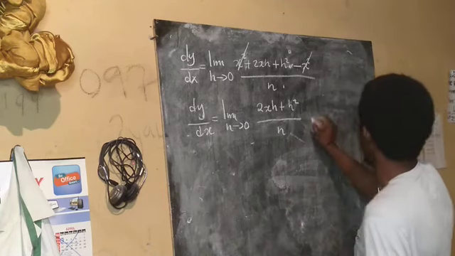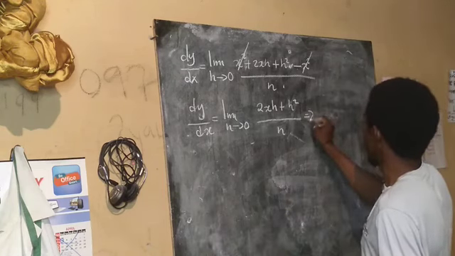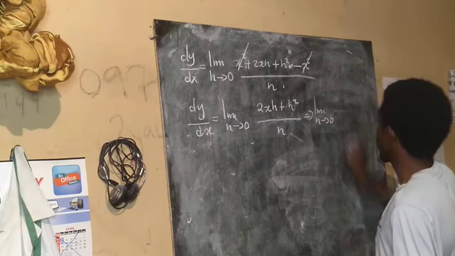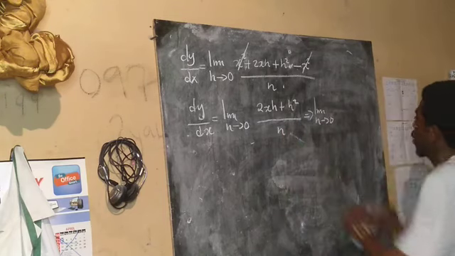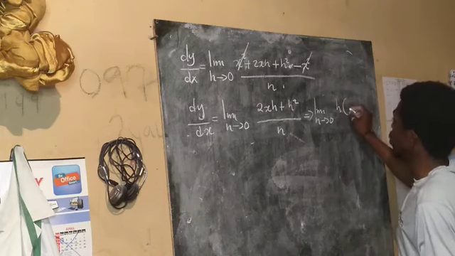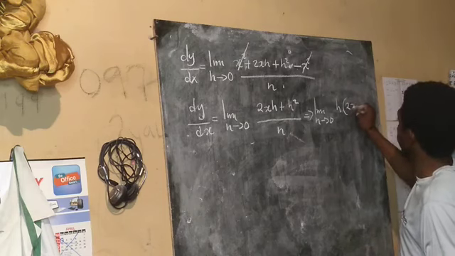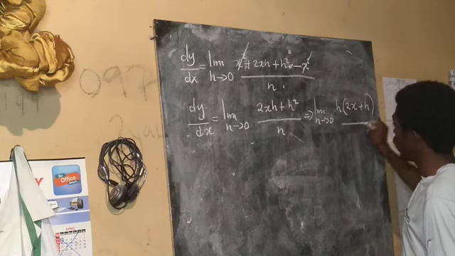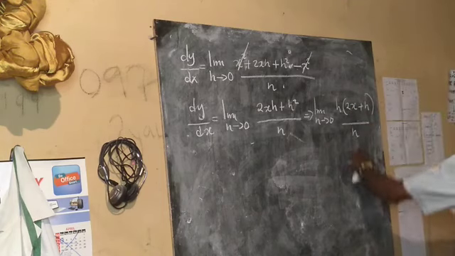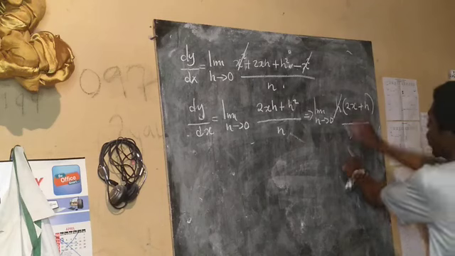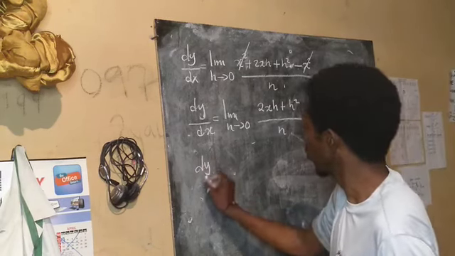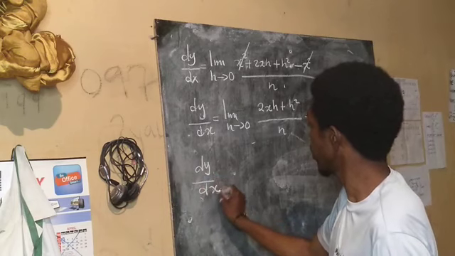Then we'll factorize the h. This implies limit when h is approaching 0. We'll factorize the h out first, so that we remain with h times (2x plus h) over h. So this h and this one will cancel, so that we say dy over dx.